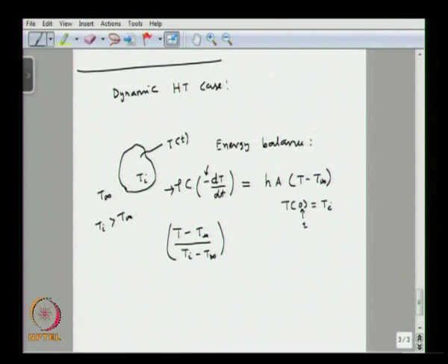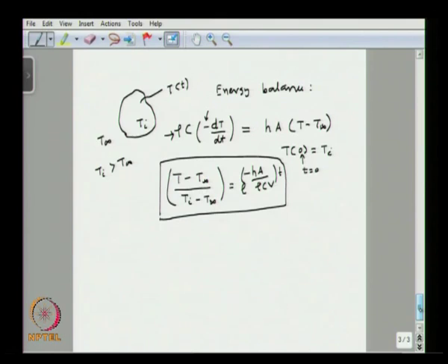So, this will be e to the power minus H A over rho C V into t. So, that is how the temperature is going to vary with time.